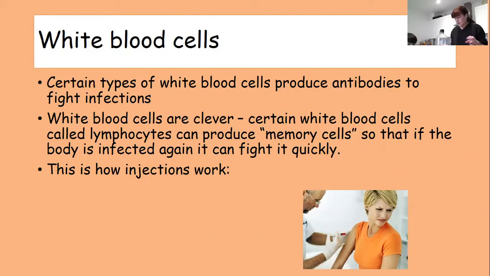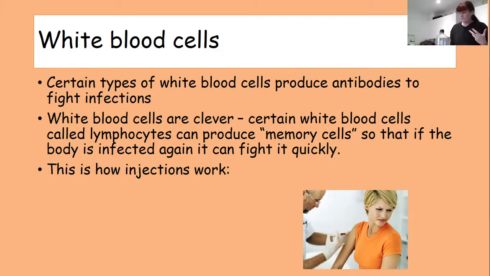White blood cells are also really important because once they've fought an infection, they can then fight it again and they'll be more successful the second time. So in the news at the moment, lots of people are having the vaccine for COVID, aren't they?